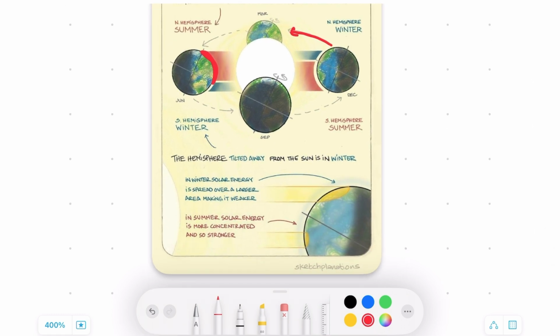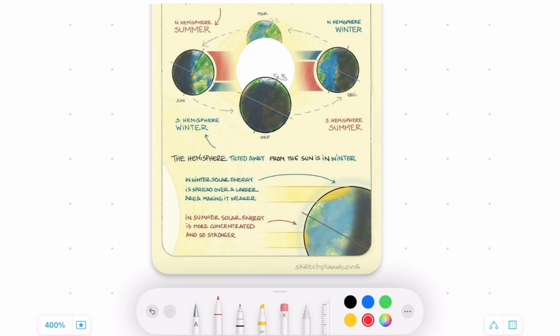So in winters, the solar energy is spread over a larger area, making the whole area weaker in terms of the energy that it is receiving. And in summer, more energy is concentrated in these areas. So we can say that during December, the southern hemisphere is experiencing what we call summer, and during June, the northern hemisphere is experiencing summer, right?